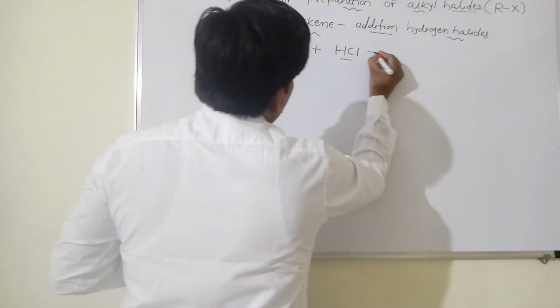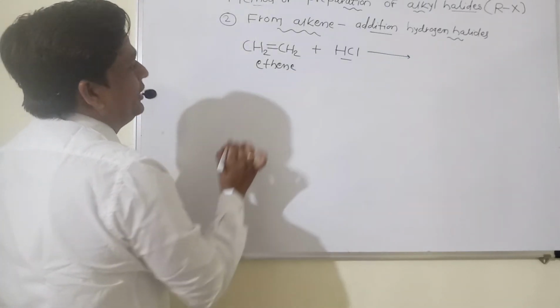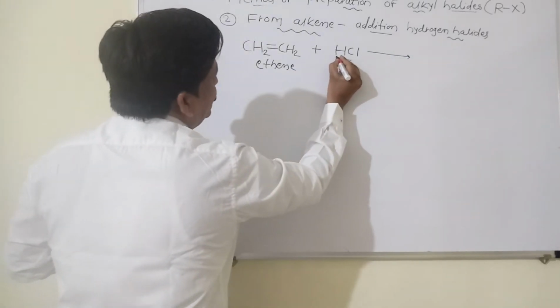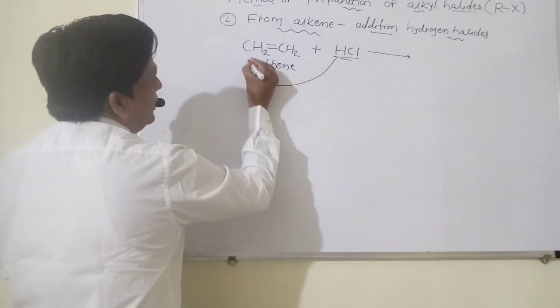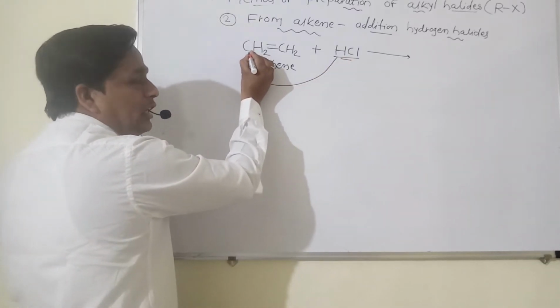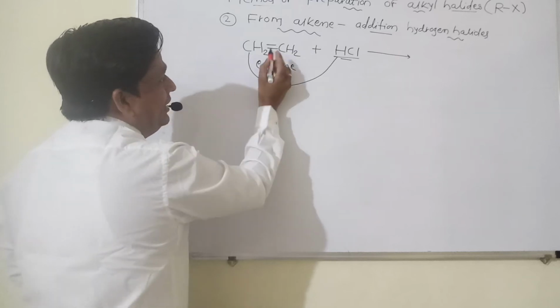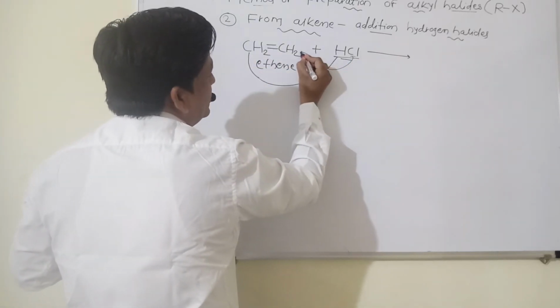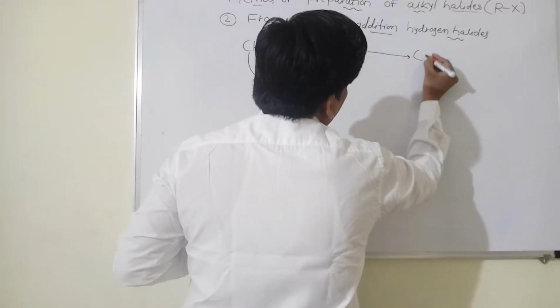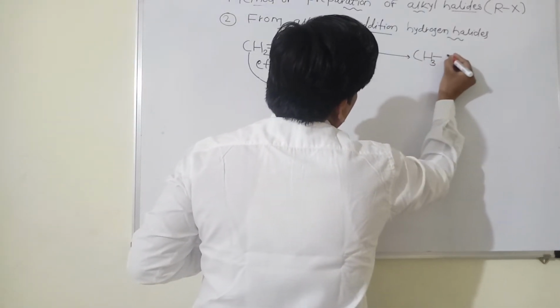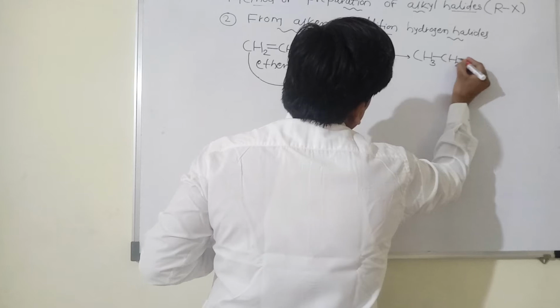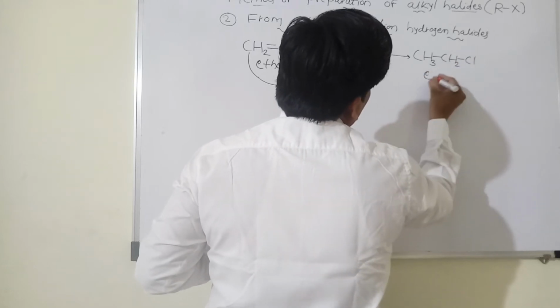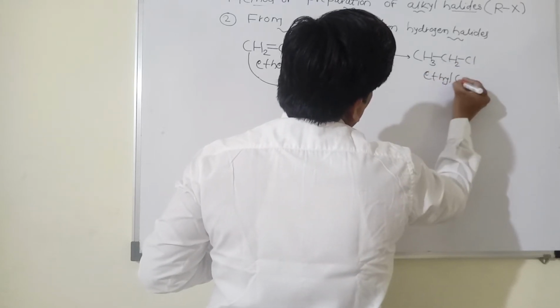If ethene reacts with hydrochloric acid, from this HCl the hydrogen atom is going to attach to this CH2 group. CH2 gets converted into CH3. This double bond gets converted into a single bond, and this chlorine atom is going to attach here, and simply we get CH3CH2Cl. We get ethyl chloride.